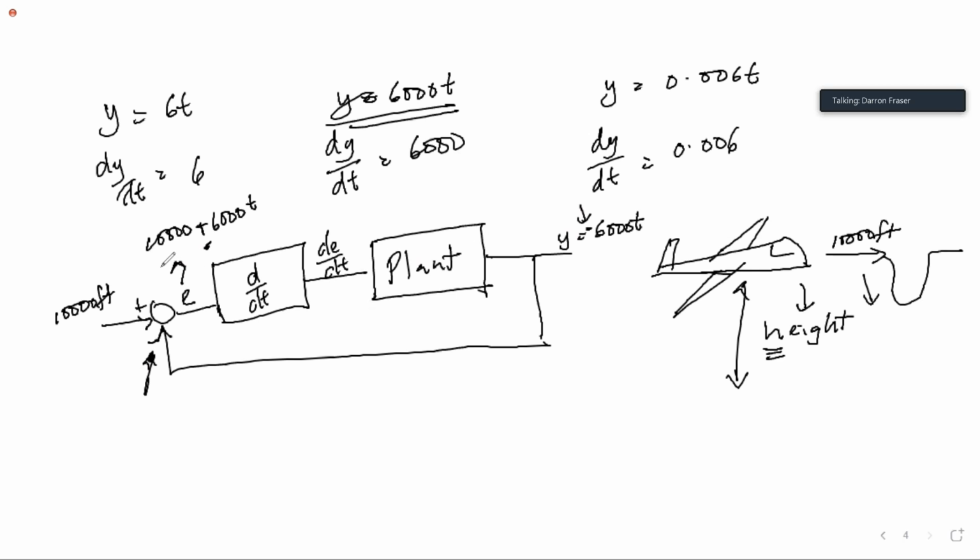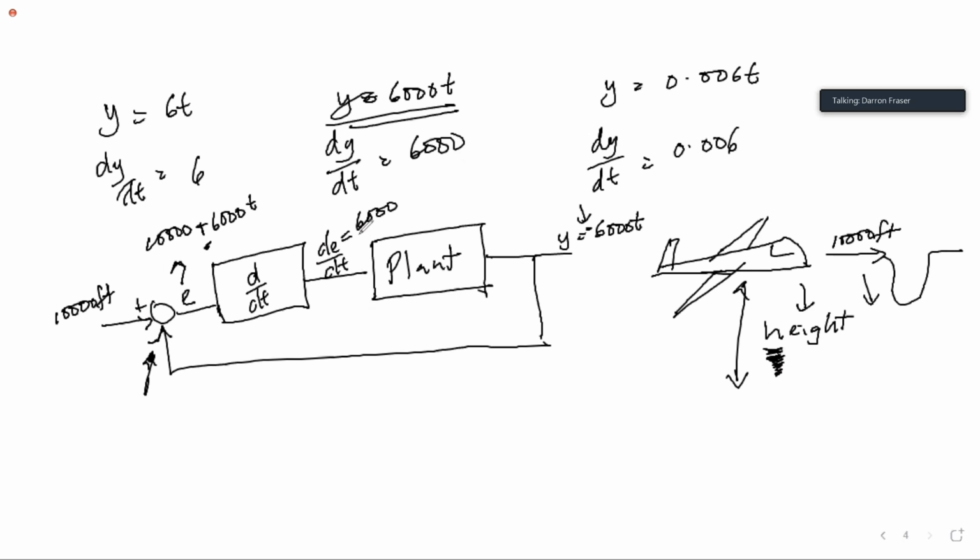So when I differentiate that, now remember now it's falling. When I differentiate this thing here, what is this going to be equal to? 6,000. 6,000. Okay. So now, in other words, remember now we're maintaining height. I was using it as an analogy.